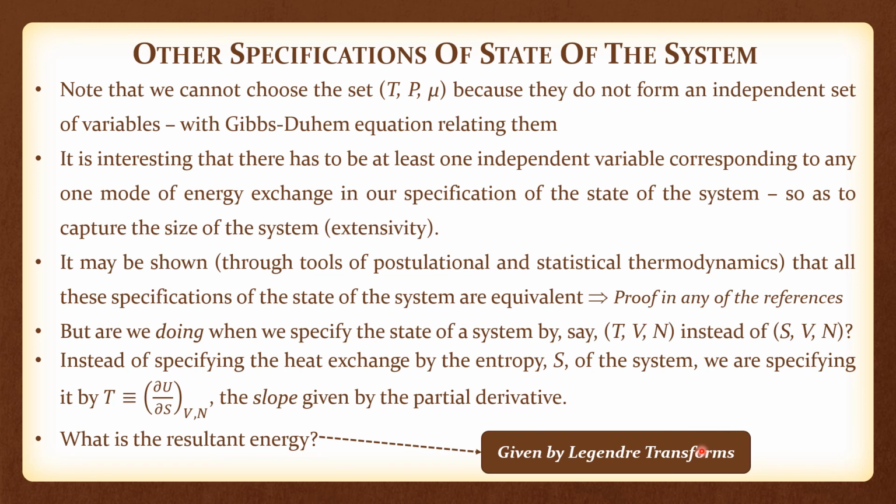This is like a coordinate transformation. So we will take a short detour into how Legendre transformations are constructed, and we will work out one simple example of Legendre transformation so that we can understand how to go from an extensive first order homogeneous function as an independent variable to an intensive zeroth order homogeneous function as the independent variable. This is the goal.